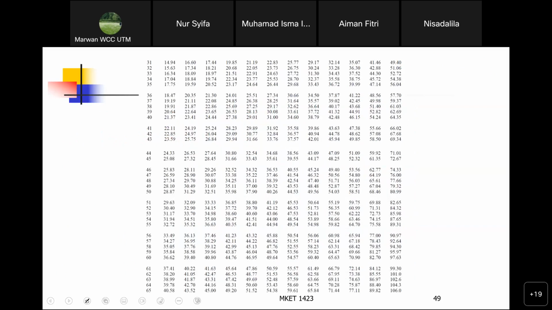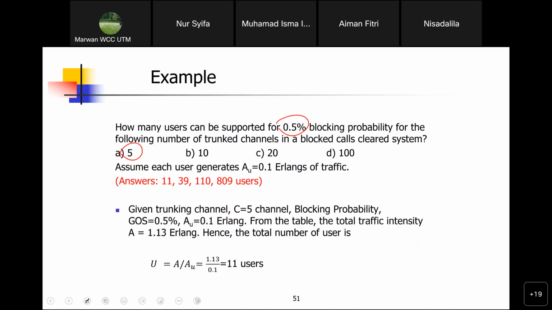So we go back to the question. With 5 channels at 0.5, the system can have 1.13 Erlang. This is the total traffic intensity that can be supported.